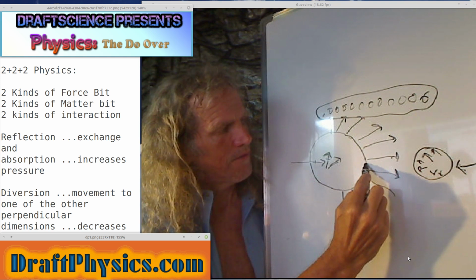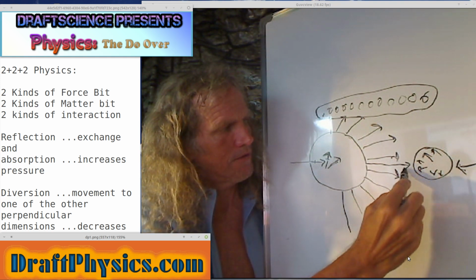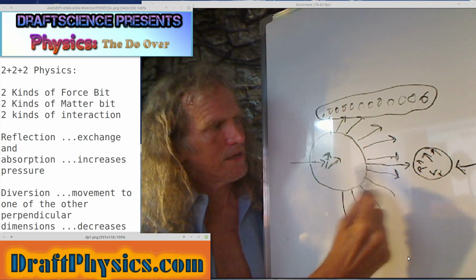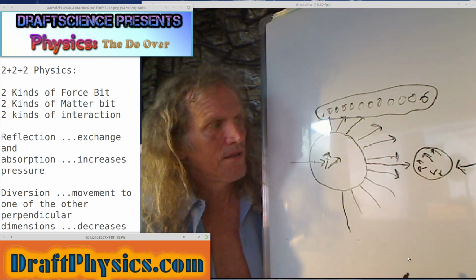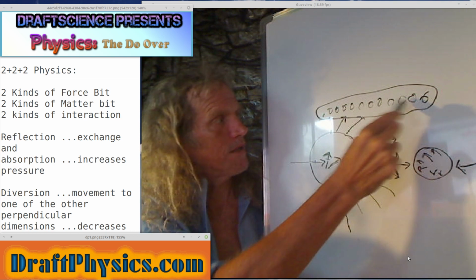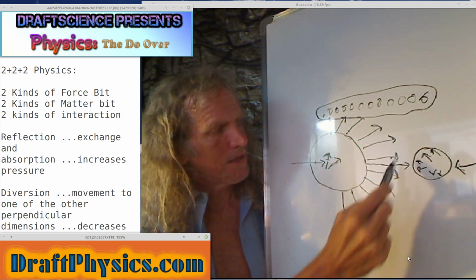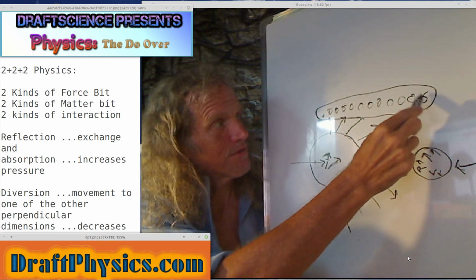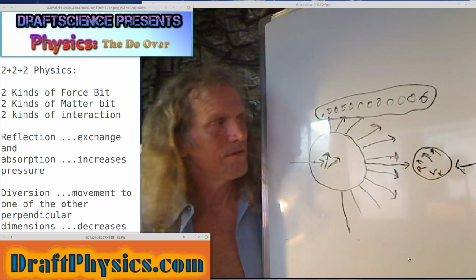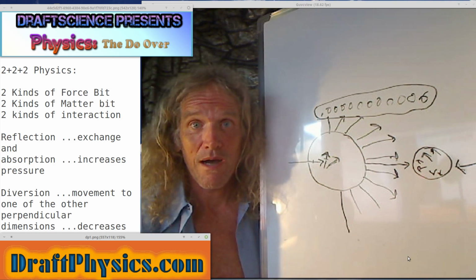So if it responded by creating an equal and opposite reaction that went directly to this object, then this number would be 1. But because it's spread over the entire sphere, this number has the appearance, the 6 is almost a reciprocal of pi.